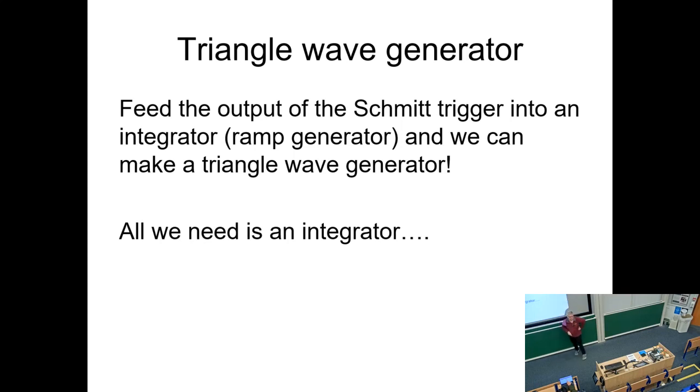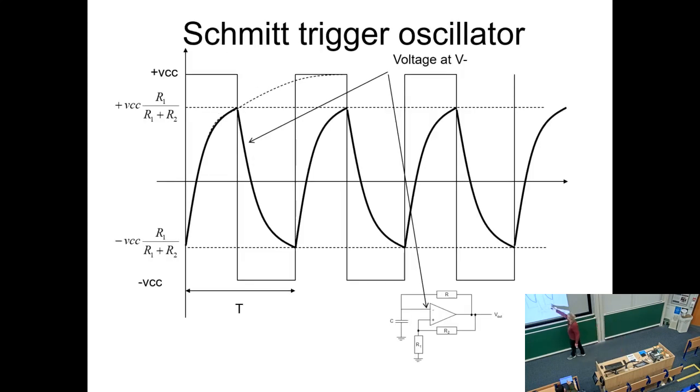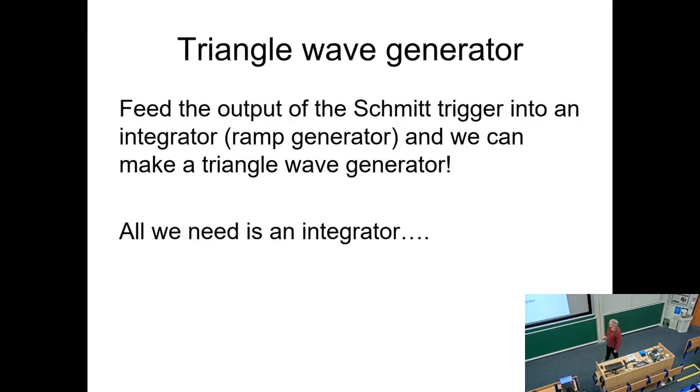Because if we integrate a square wave, which is just two DC levels, if you integrate a DC level, a constant, you get that constant times time as the output, which is a rising level with respect to time. So if we integrate our square wave here, we would end up with a rising ramp, a falling ramp, a rising ramp, a falling ramp. We made a triangle. All we need is an integrator and a bit of imagination.